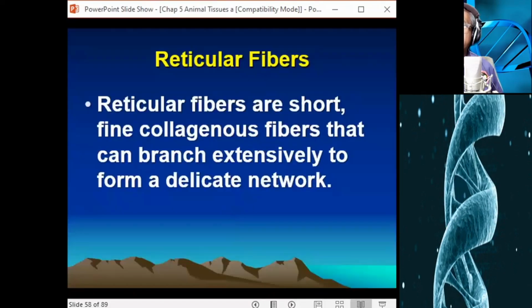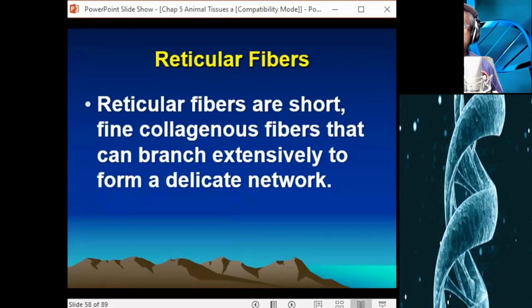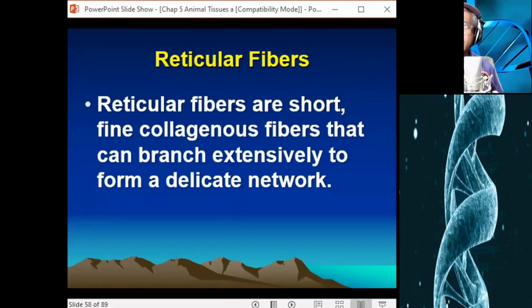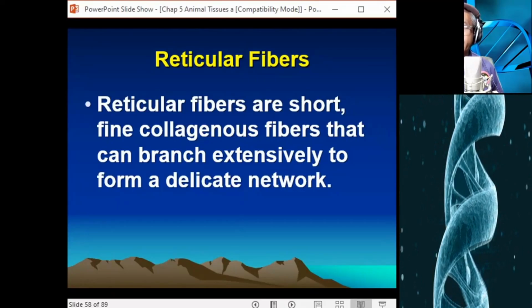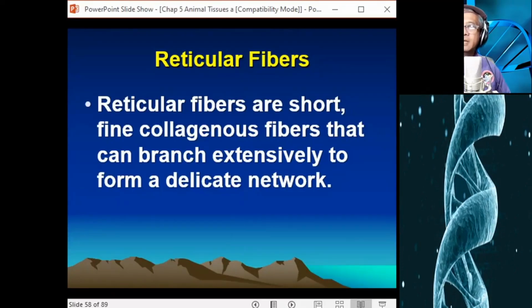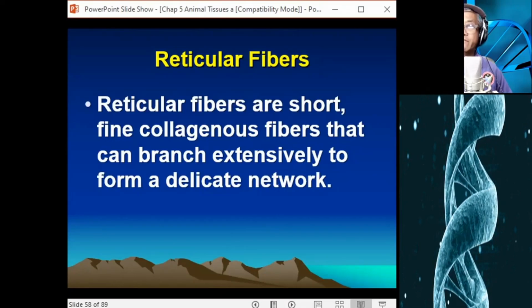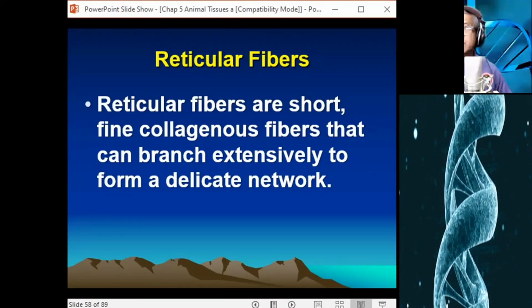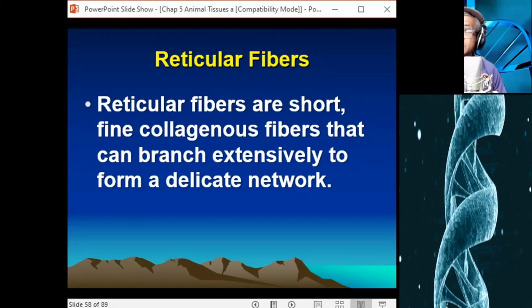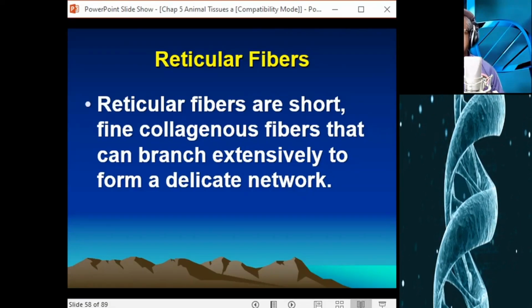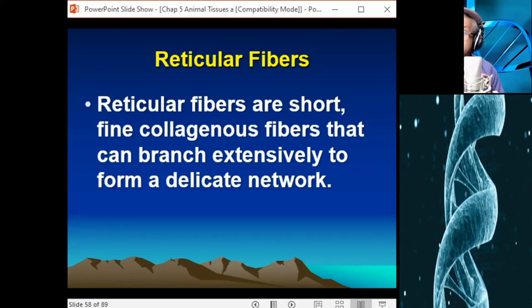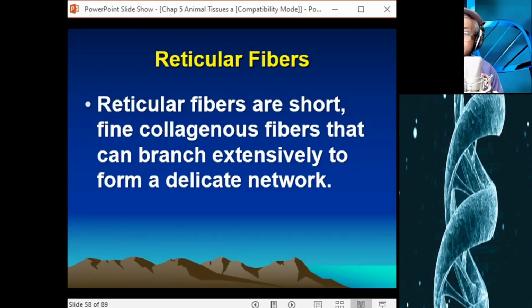Alright, then also we have reticular fibers. Reticular fibers are short, fine collagenous fibers that can branch extensively to form a delicate network. You can find this in the liver, no? If you will examine the liver under the microscope, marami siyang reticular fibers. So it maintains more or less the general shape of a particular organ na medyo malambot like the liver.